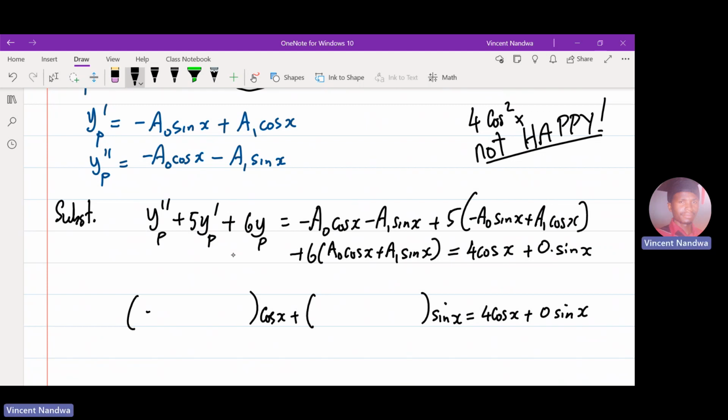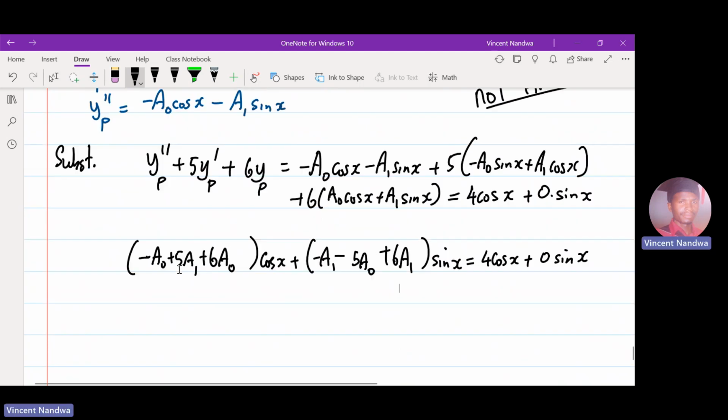Negative a naught plus 5a1 plus 6a naught. And then for sine, negative a1, negative 5a naught plus 6a1.